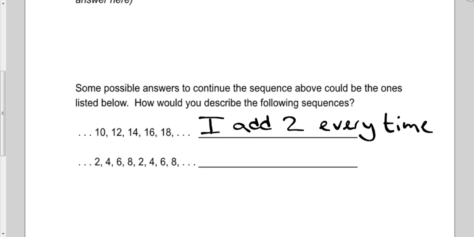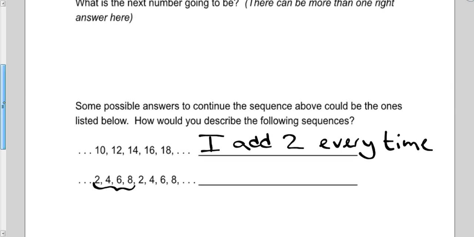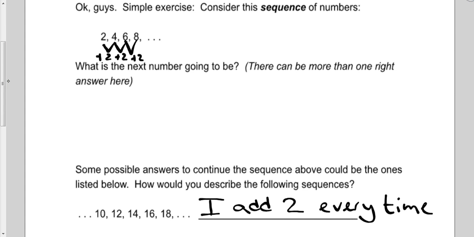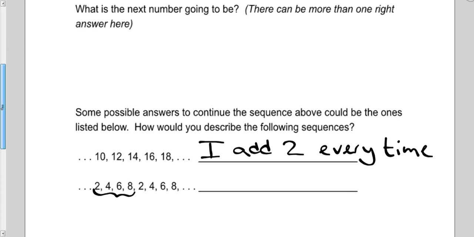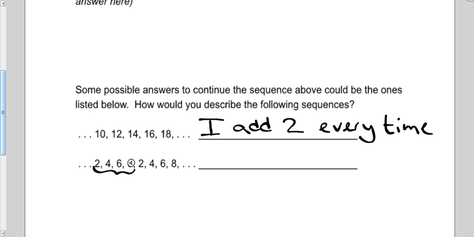Now, this was another possible outcome, right? Notice that? Look at this. I'm going to erase the plus 2's here so you can see it more clearly. But what happened from here down to here?